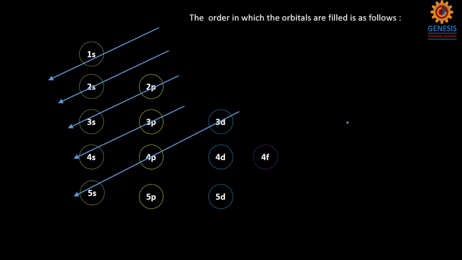The order in which the orbitals are filled is like this: 1s, 2s, 2p, 3s, 3p, 4s, then 3d, like that. You understand? So don't follow numbers 1, 1, 2, 2, 3, 3, like that. This is called the diagonal rule.